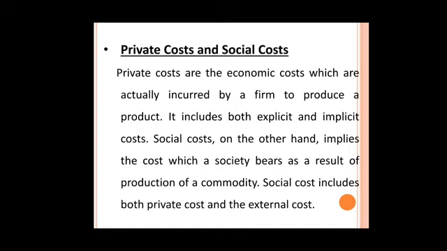Let us give an example here. A firm producing pesticides pays prices for the purchase of raw materials, and for the labor and capital used by it. These are the private costs of the firm.